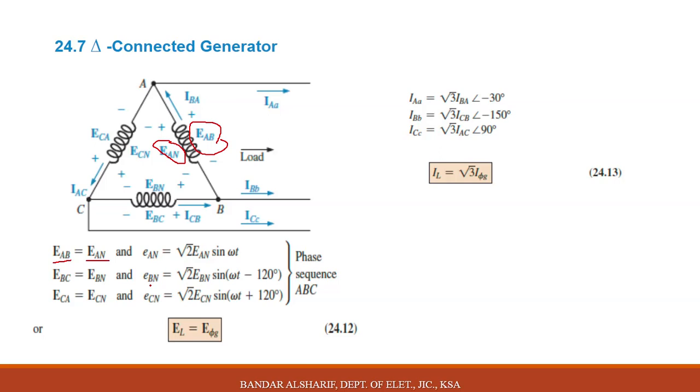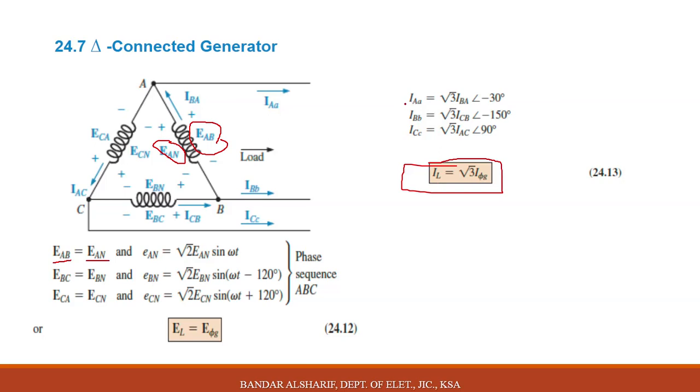You will find here EBN is minus 120, ECN plus 120, so between each phase and the other phase there is a 120 degree shift. For the current in delta connection, the relation between line and phase current: you multiply the phase current by root 3, and you will get the line current.